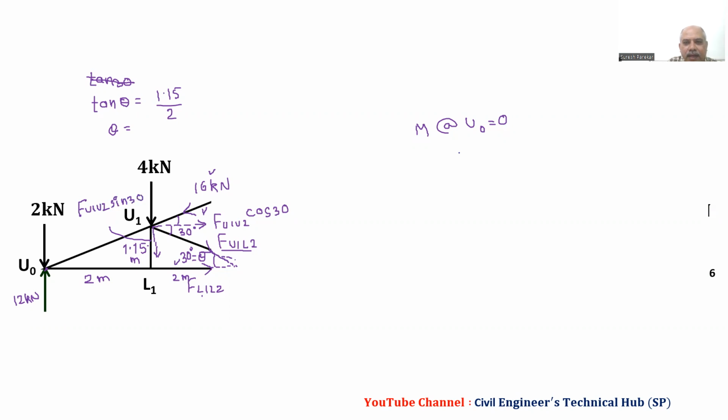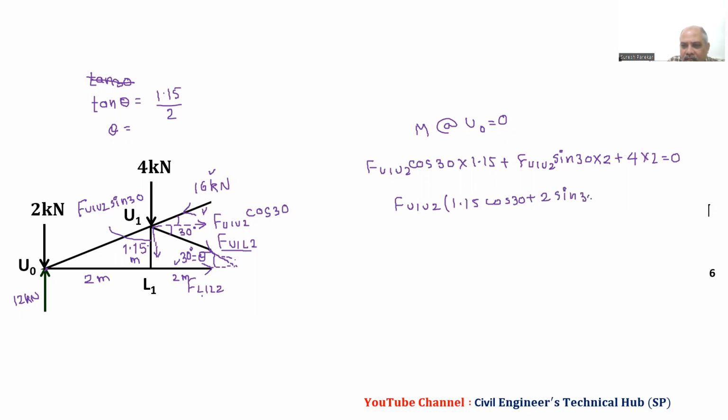Now if we take moment about U equal to 0, then we have moment due to cos 30, clockwise, F U1 U2 cos 30 into 1.15. Due to sin 30, that is also clockwise, into 2, and due to 4 also clockwise, plus 4 into 2 equal to 0. Now we have 1.15 cos 30 plus 2 sin 30 equal to minus 8.